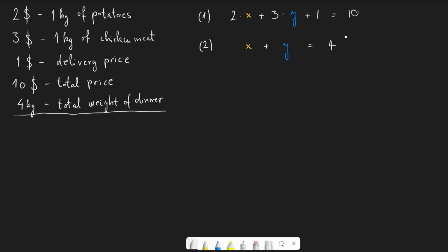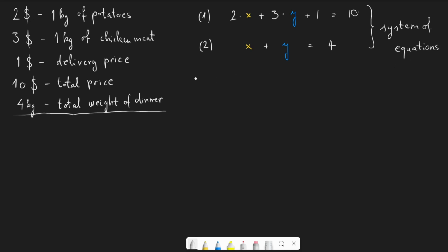So as you can see, we have two variables, X and Y, we want to calculate, and also we have two independent pieces of information, two conditions, and because of this, two equations. And if you meet a situation like this, then this is called a system of equations. So this is a system of equations.